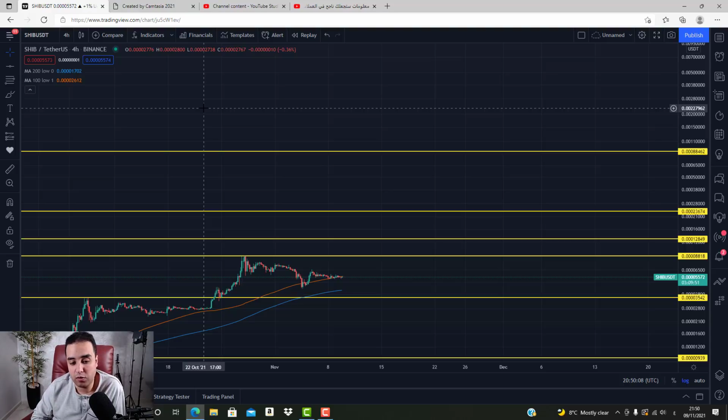So if you see Shiba maybe next year at $0.50, just don't have any kind of strange feelings. Believe it or not, I think it's not something easy for this token. So in my opinion, don't put all your money in this token. Just invest something you can afford to lose, and you can forget for the next years. This is my advice for you.